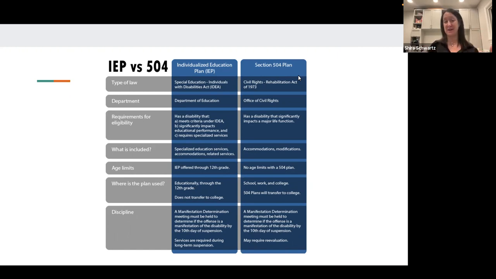If I have extended time because I get anxious and need more time, am I just going to be anxious twice as long, or is this really going to help me read the questions with more time and not be as anxious? So you really have to think through what would work best for your student and whether or not they need measurable goals with accountability to get there.